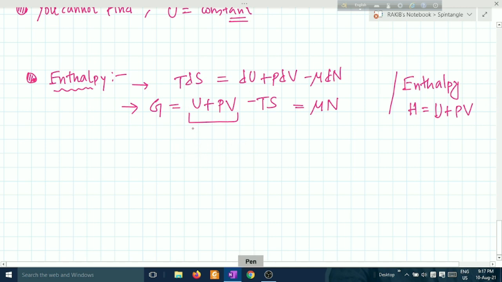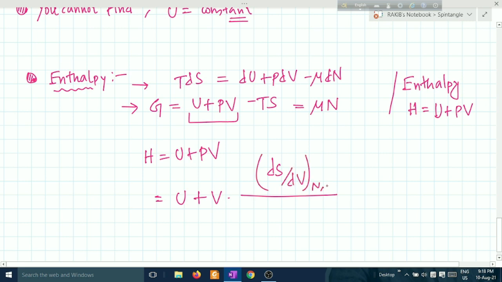Therefore, you have to write H is equal to U plus PV. Now putting U plus, letting the V remain here, the value of P was del S by del V at fixed N comma U, over del S by del U at N comma V. This is the formula.